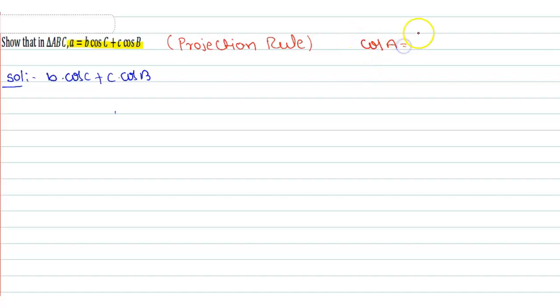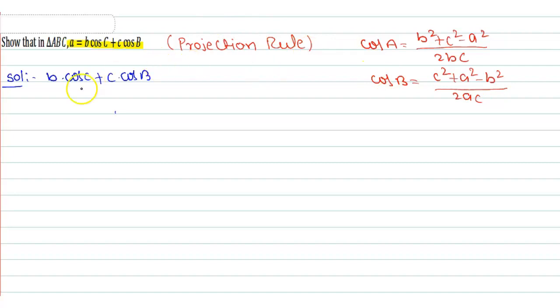Cos A is equal to b square plus c square minus a square by 2bc. And cos B formula is c square plus a square minus b square by 2ac. So here I am writing those two formulas.